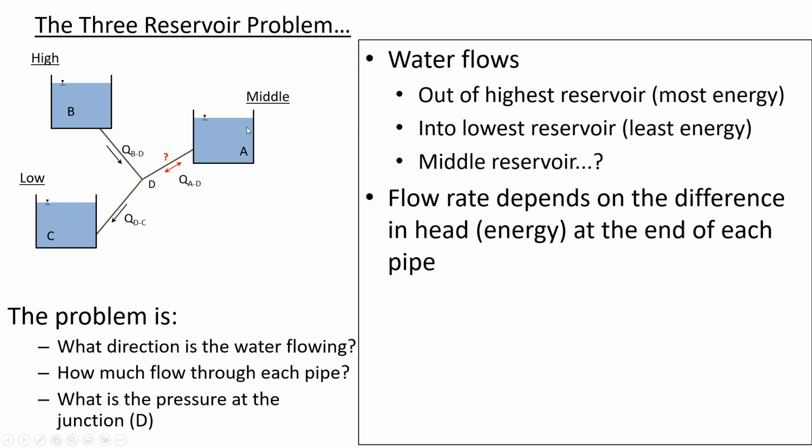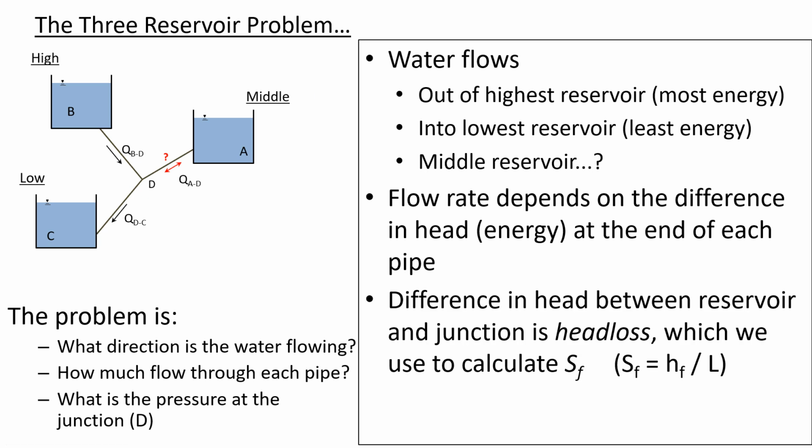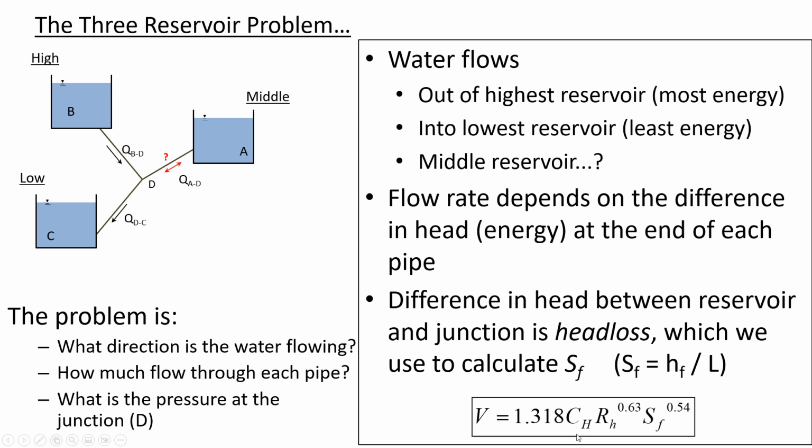And so the difference in head at each end of the pipe is going to be what we're analyzing. And the slope of the energy grade line, S sub F, one of the columns in our spreadsheet is going to be calculating that. And that's going to be, same as it always has been, the head loss due to pipe friction divided by the length of the pipe. And of course, here is the Hazen-Williams equation.